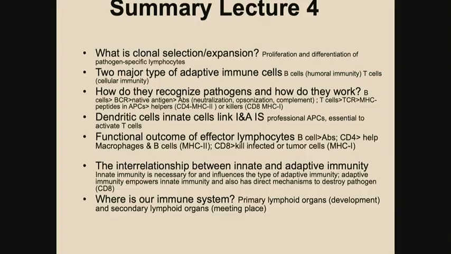So the B cells don't need the dendritic cells, but the B cells see the native antigen. And the dendritic cells through the lymph will go to the meeting place, the lymph nodes, to present the antigens to the T cells. But the lymph also brings native antigens from the tissues all the time, not just when there is infection.